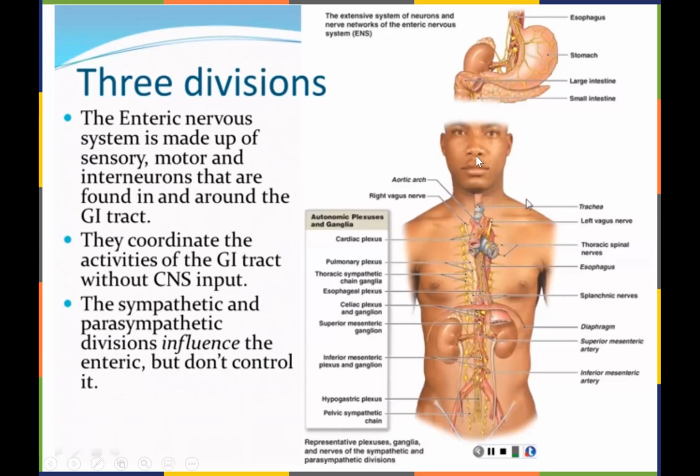The GI tract is the tube that goes from your mouth to the anus: your esophagus, your stomach, your large intestine, small intestine, and so forth. So the enteric nervous system will coordinate the activities of digestion and absorption. And it can continue doing its function without the action of the central nervous system.